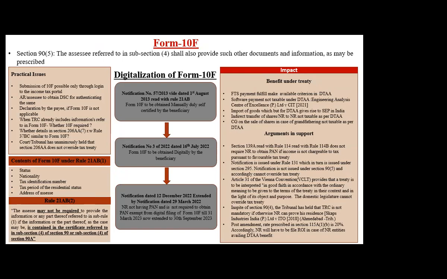It said that if the TRC document doesn't have all the information, then you have to get 10F. Rule 21AB says that status, nationality, TRC, tax identification, tax period, and address of the assessee should be there. If all these are in place, then you need not have a 10F. Otherwise, you need a 10F as an additional document to claim treaty benefit.